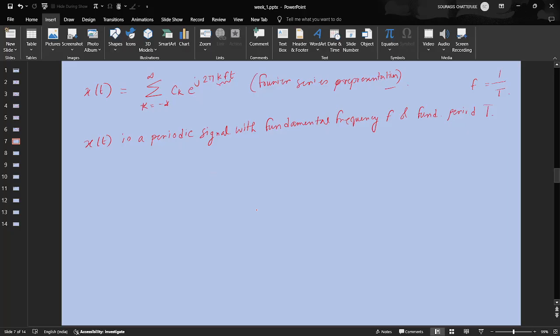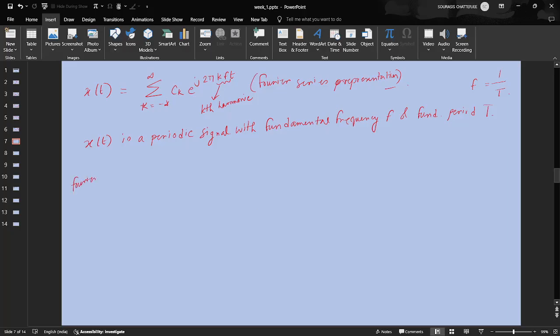So kf corresponds to the kth harmonic. You see that f is the frequency of this periodic signal, and the Fourier series is not a continuous function of frequency. It is only defined at the multiples of the fundamental frequency. So that's the first key takeaway here.